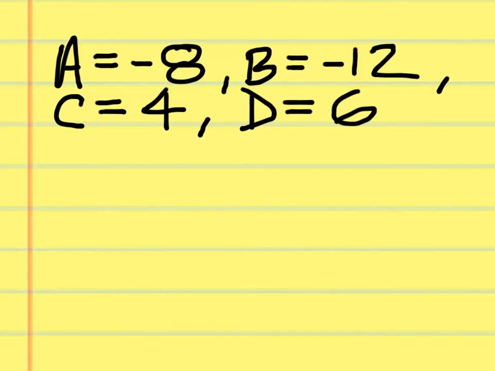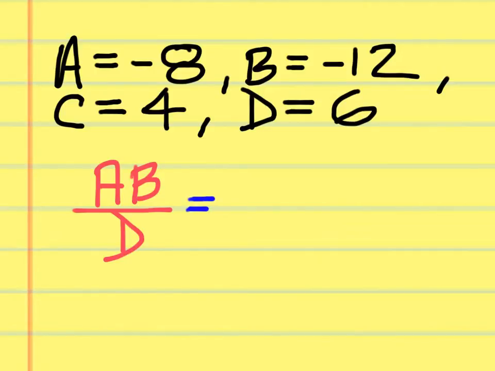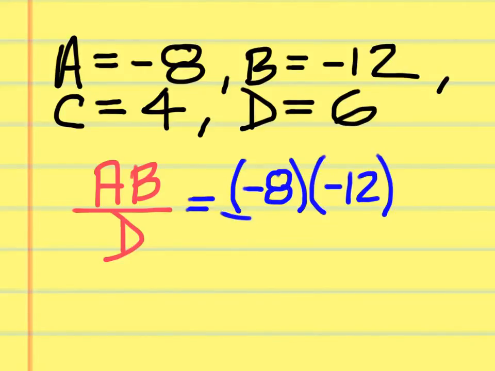A, B, C, and D are equivalent to the same numbers again. And in this case, we're going to do A times B and then divide by D. So let's plug in for A. That's a negative 8. And B is a negative 12. On the bottom D is equal to 6.